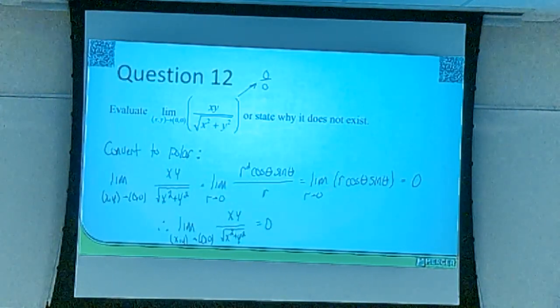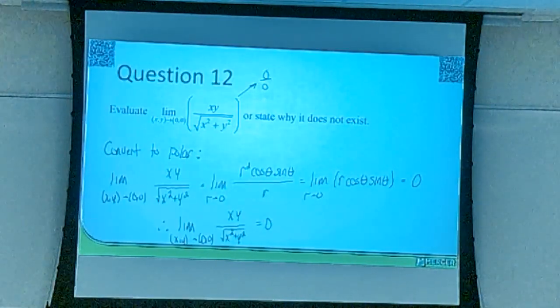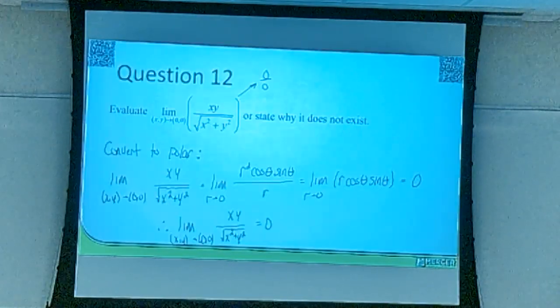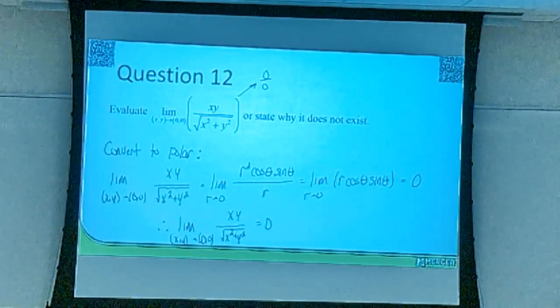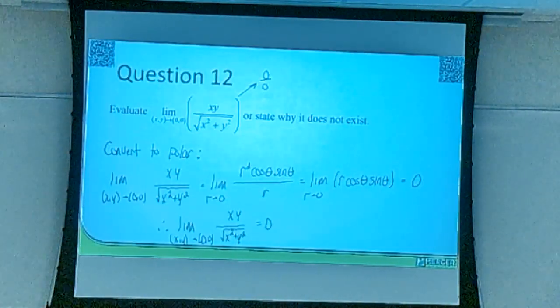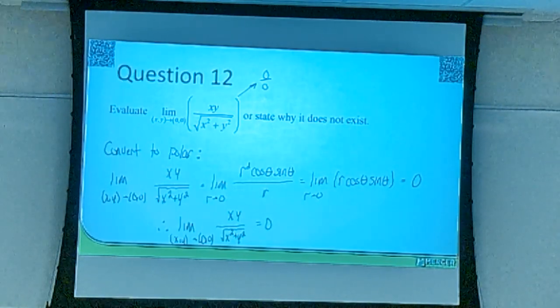It's often better to convert to polar instead of doing the y equals mx approach, though it depends on the situation. You can get some pretty hideous looking functions converted to polar, like if you start to involve natural logs and exponentials, where the algebra doesn't become as simple.